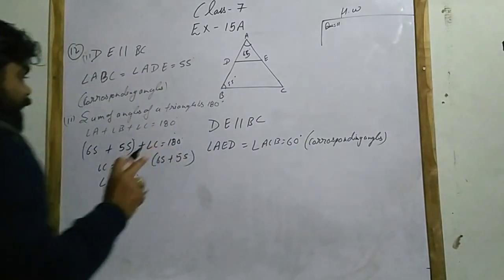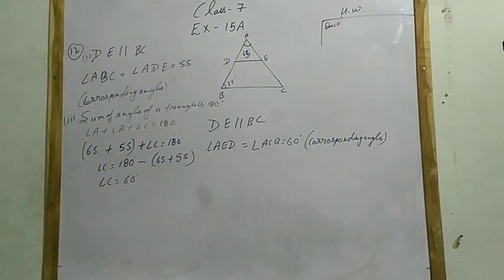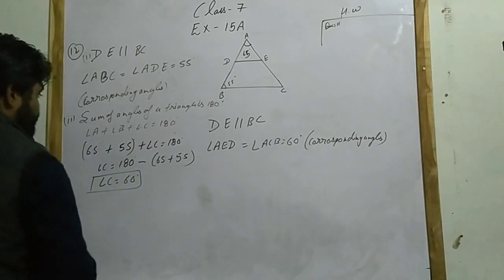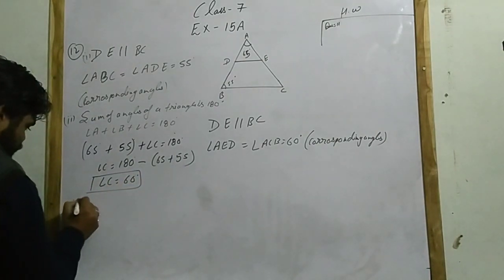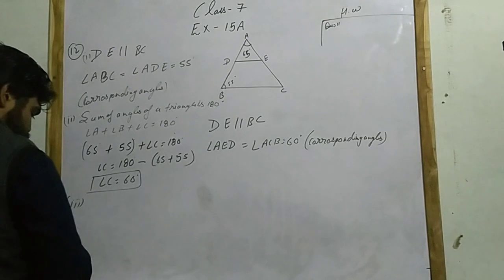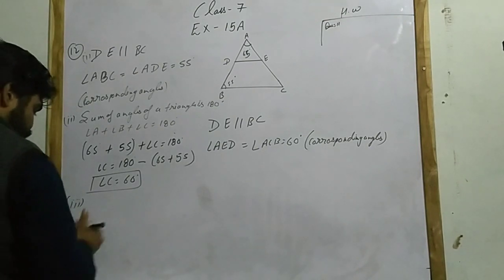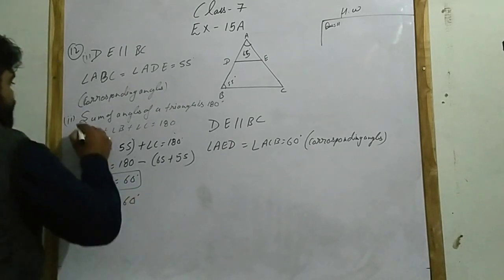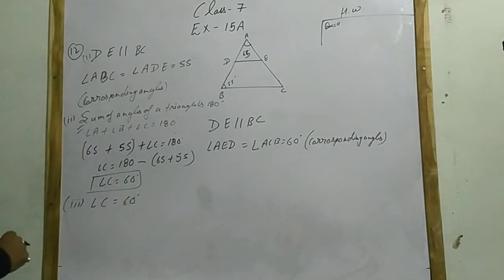After that, now the third part is here. We have to find here angle C. Third part will be your angle C equals to 60 degree. We have found. Okay. Same pattern you have to use here in finding the angle C.